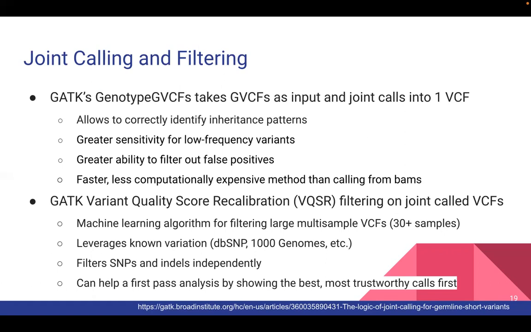Joint calling can also benefit from filtering, especially with GATK's VQSR pipeline, called Variant Quality Score Recalibration. It has a machine learning algorithm that includes known variation with your sample set and provides a confidence level of your choosing. It's definitely a helpful place to start with passing these filters when moving along to variant analysis. Note, smaller cohorts should stick with the standard threshold cutoffs rather than using this machine learning method.